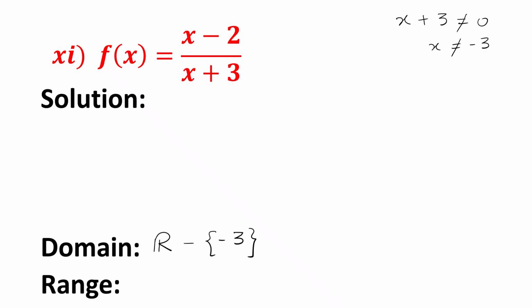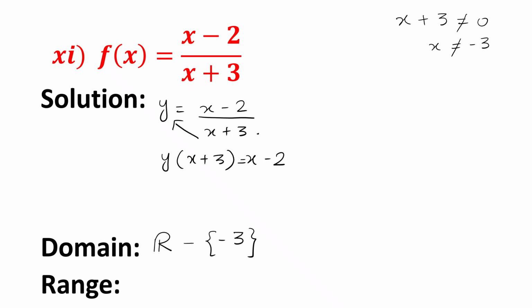Now for the range, we solve for x. By cross multiplying this x plus 3, we have y into x plus 3 equals x minus 2. Multiplying y inside, we have xy plus 3y equals x minus 2. Xy plus 3y minus x equals negative 2.